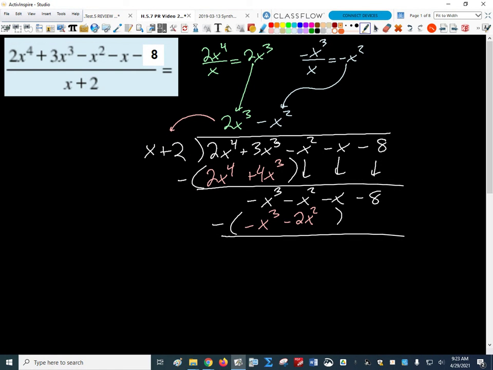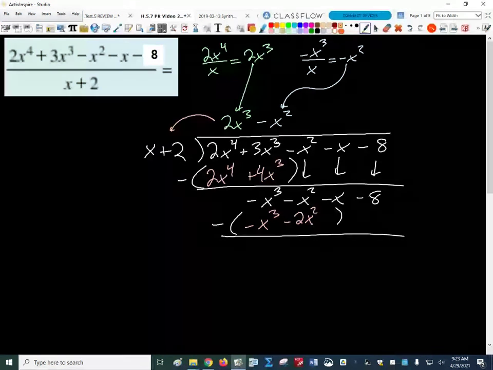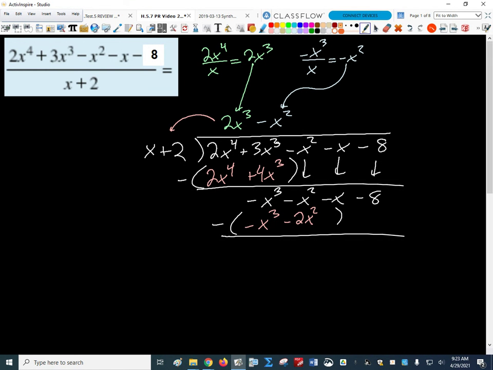So again, these terms cancel. What is negative x squared minus negative 2x squared? X squared, because subtracting a negative is adding, isn't it? So we get our x squared, we bring these other terms down, minus x minus 8, and we move on to the next.